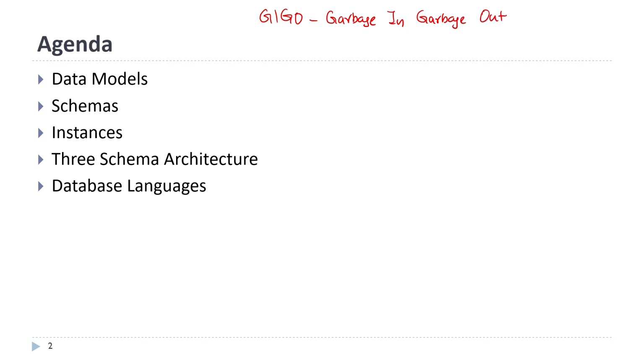If you store garbage data, then you will get garbage results as output. So, it is very critical that we store the correct data, and today's presentation is all about what data models are, what schemas and instances are, and the three schema architecture that is typically used in DSS systems.